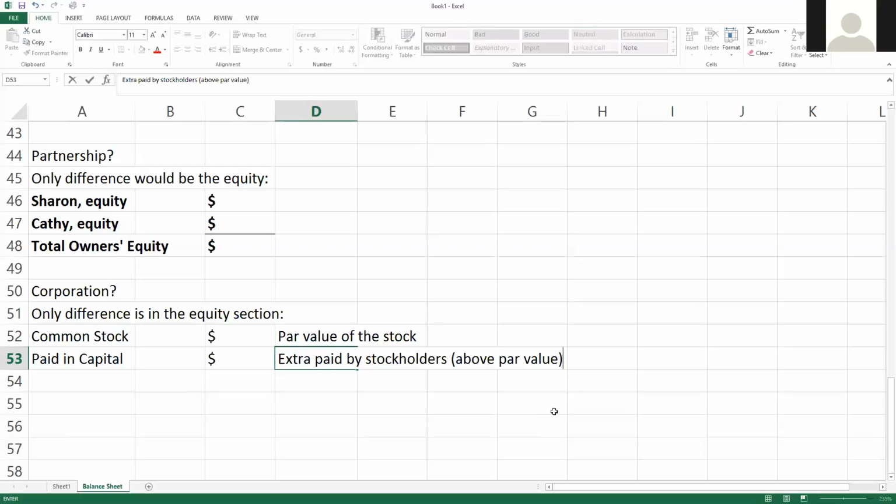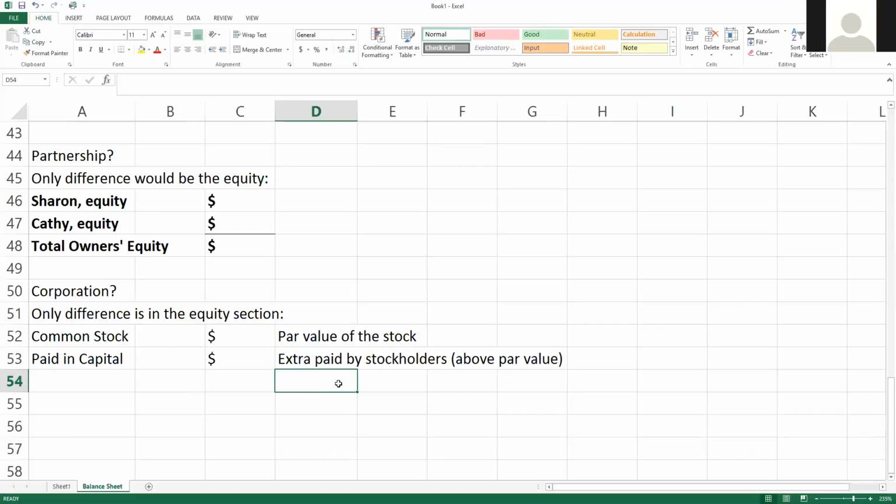It's usually not related too much to what the stock sells for. So a share of stock may sell for $11, but have a $1 par value on it. So when a stockholder buys into the company, they buy a bunch of shares, they're paying $11 for each share. So $11 per share.